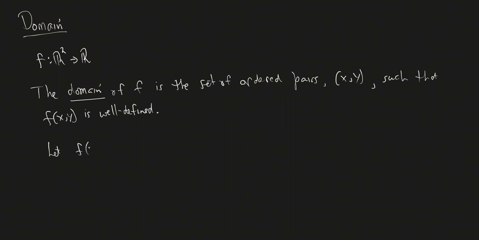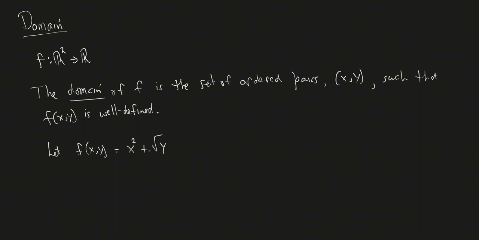So let f of x, y be the function x squared plus the square root of y, right? So let's ask ourselves this question: for what values of x and y is this function well defined? Well, this is a simple function.